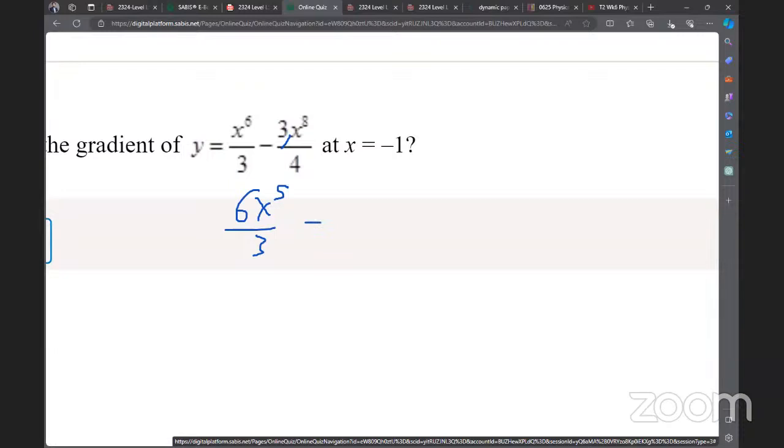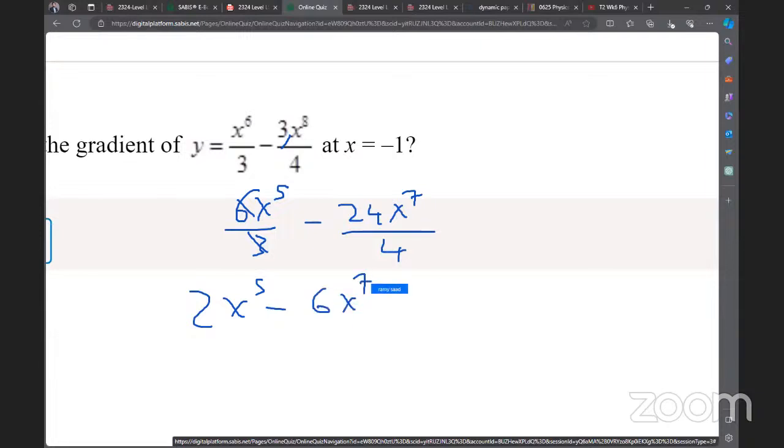8 times 3, 24, x power 7 over 4. Okay, 6 over 3 is 2, x power 5, 24 over 4, 6, x power 7. And then substitute x by -1. Okay, and the powers are negative. So it means -2 plus 6 will be 4.